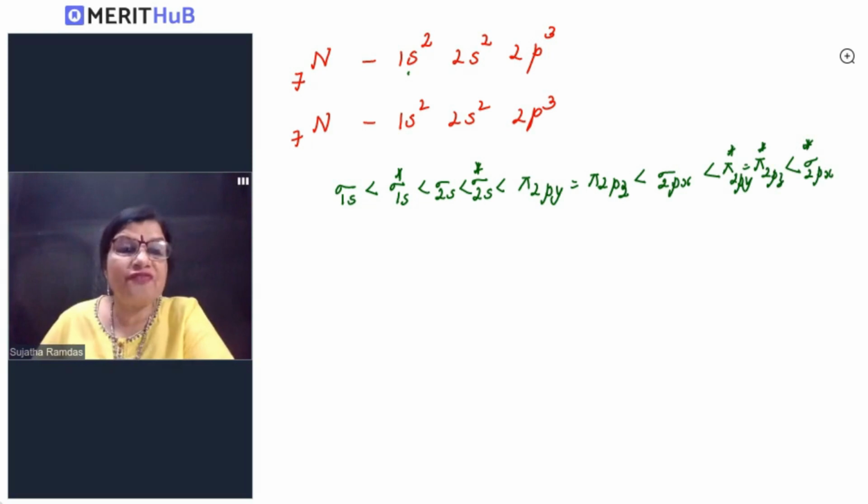This is the order of filling up of the various orbitals. There is a change in the order here for oxygen from nitrogen onwards. We are now focusing on the nitrogen atom. Up till nitrogen, this is the increasing order of molecular orbitals in which they get filled.